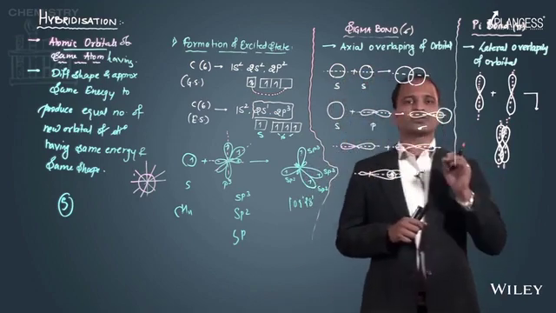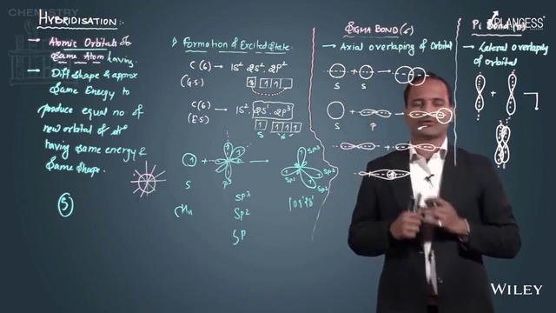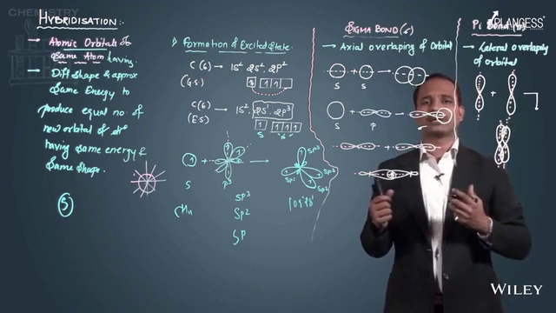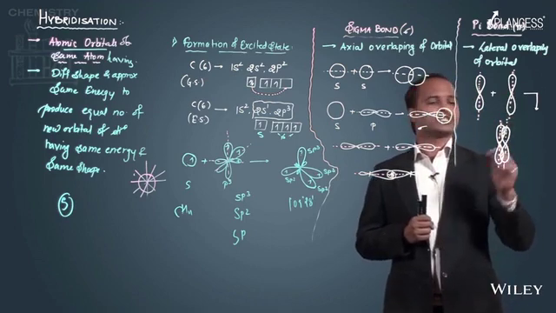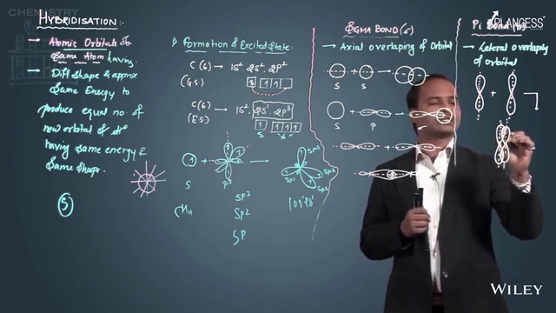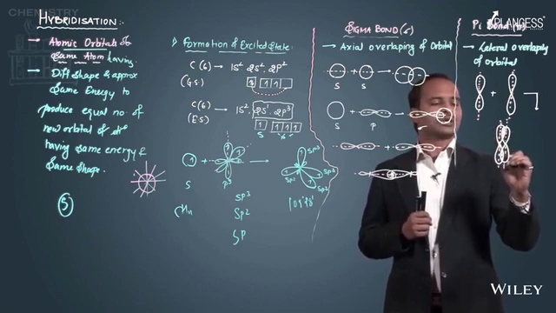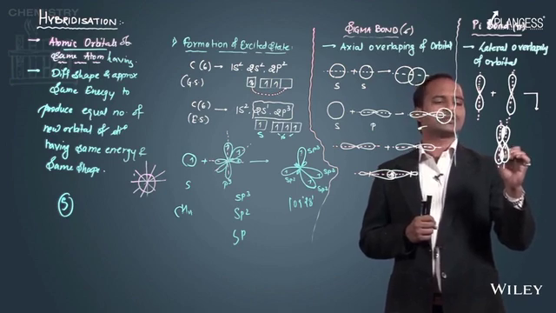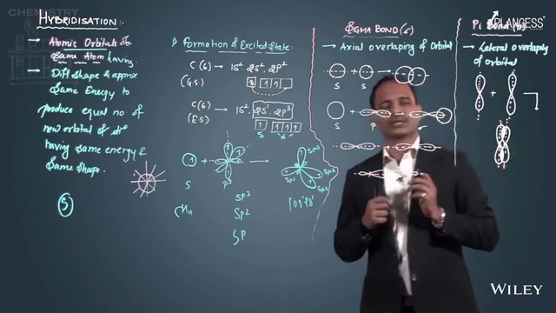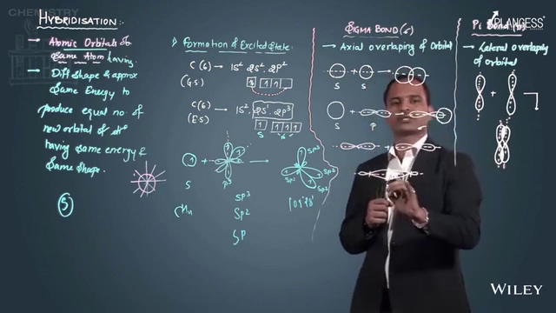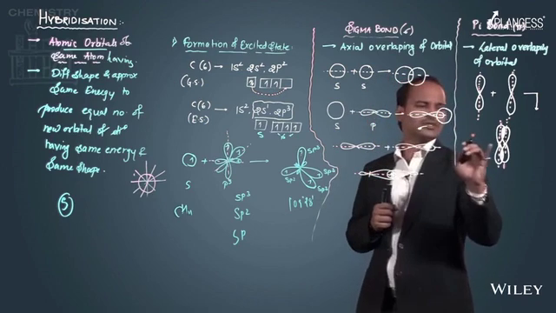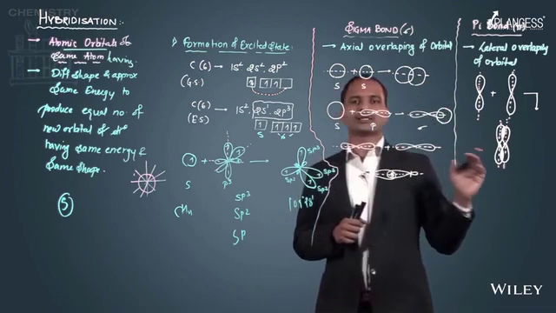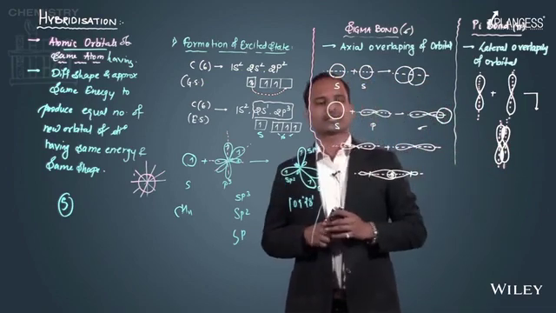Now what happens when the orbitals overlap laterally? The electron cloud will increase in the overlapping region, that means in this region. So here the electron density is increasing, but the nuclear repulsion doesn't reduce. In the sigma case the nuclear repulsion reduces due to these electrons, which doesn't happen in this case, and that's why the attraction is not very strong, and the bond is not as strong as the sigma bond.